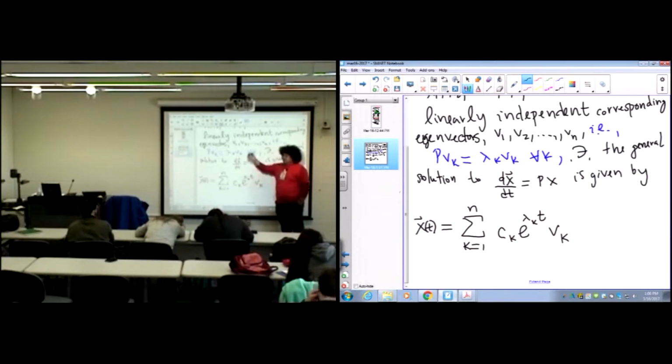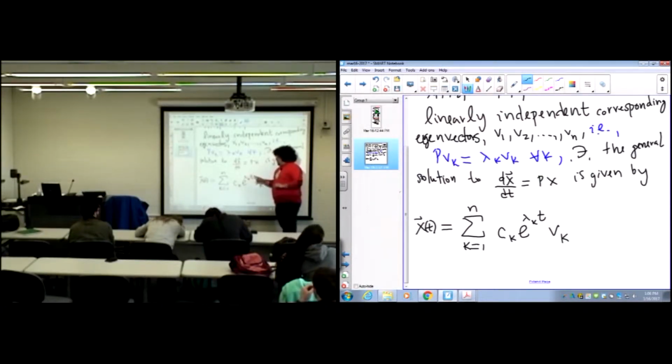But this is the exponential with this argument. This part is a scalar. This is a number for each value of t. That scalar is multiplied by coefficient c_k, which is also a scalar. So the product of these two things is a scalar. And that scalar is multiplying this vector v sub k, which is a column vector.